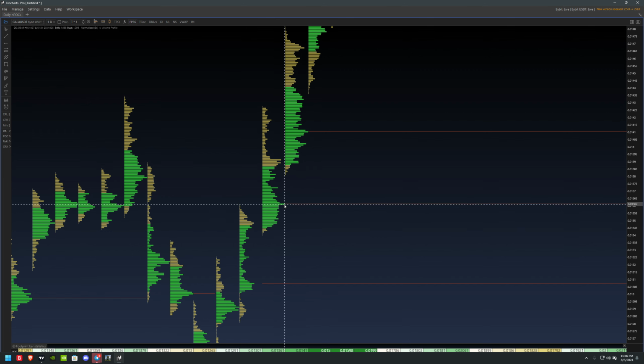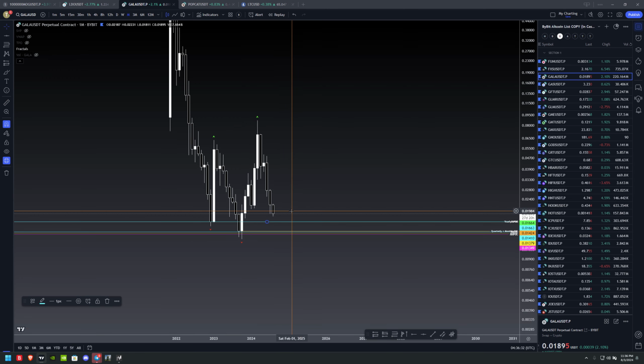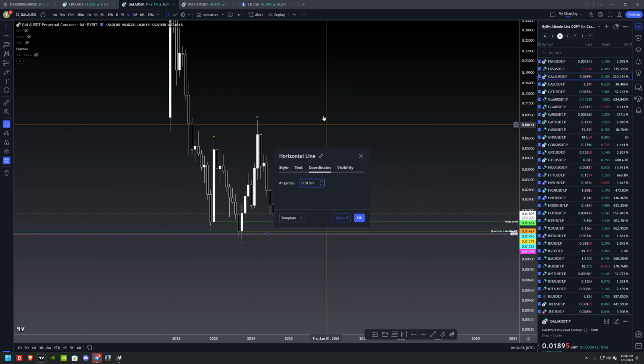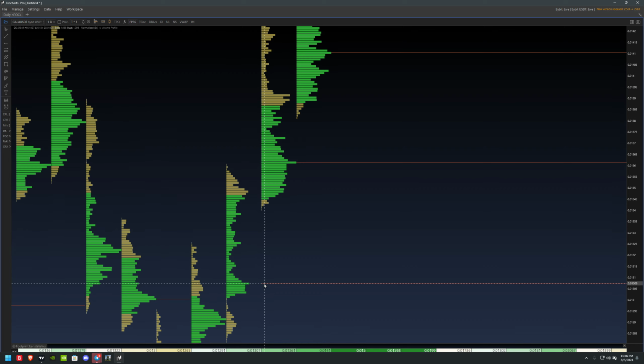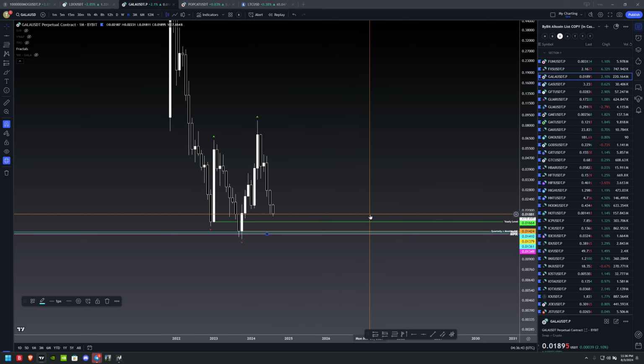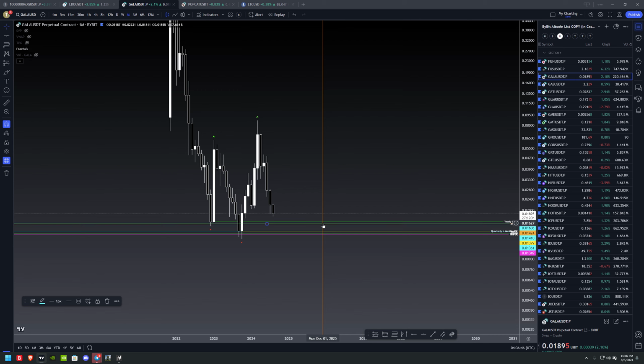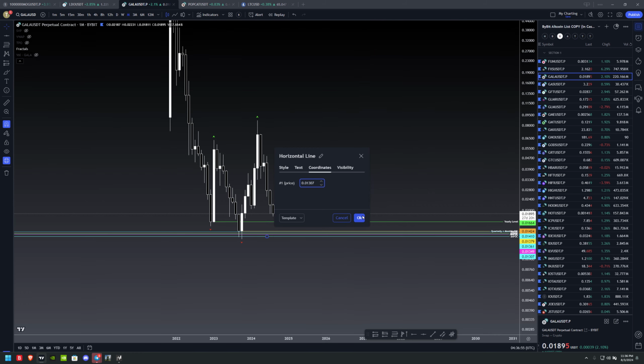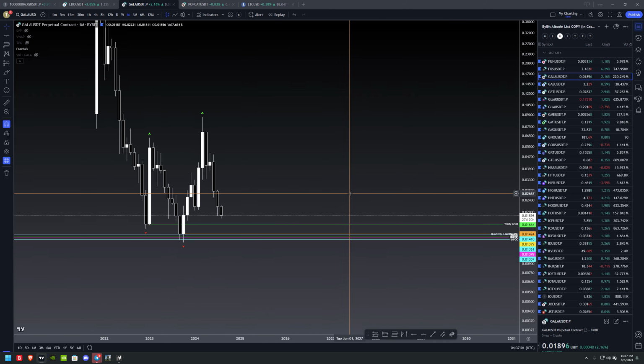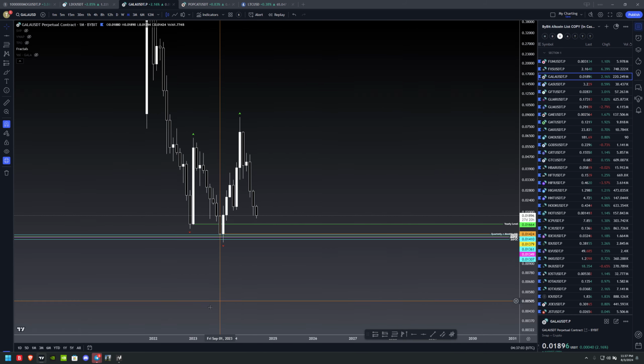And let's mark all three of these. 0.1361, and 0.1307. Okay. Pulling fibs here.